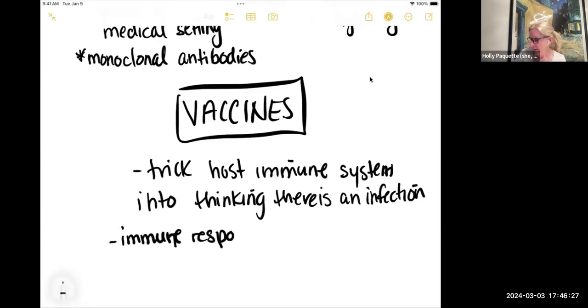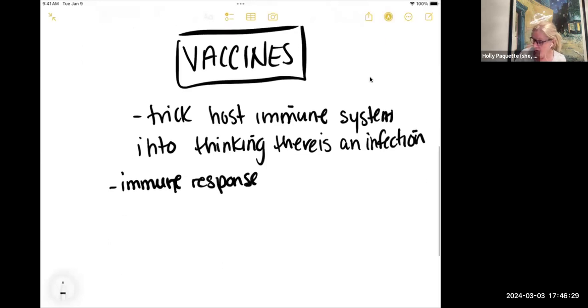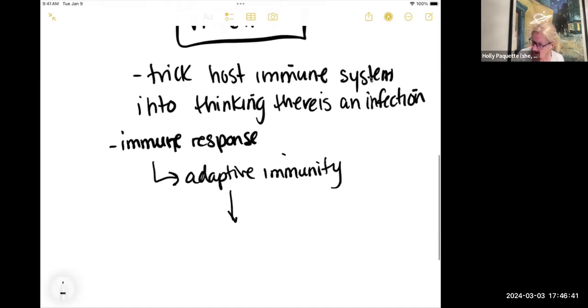So what you get is an immune response. And remember, with the adaptive immunity, one of the key things is that when this is stimulated, one of the ultimate things that we get out of it is we get memory T and B cells.